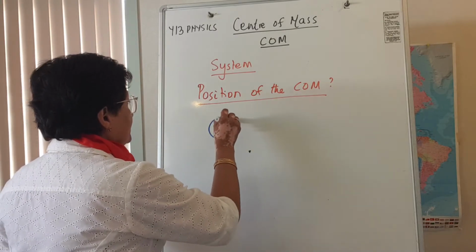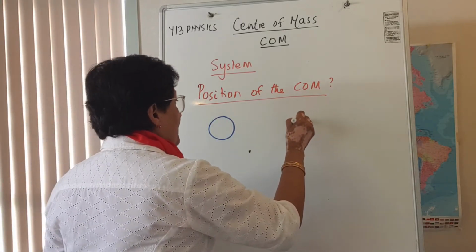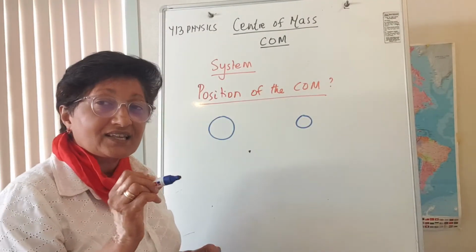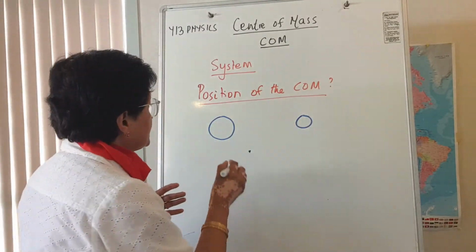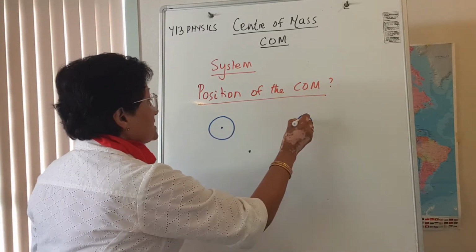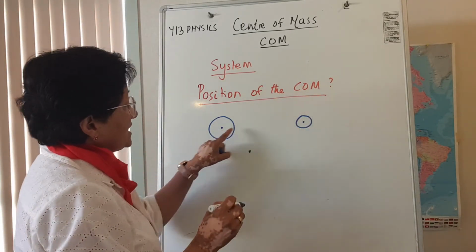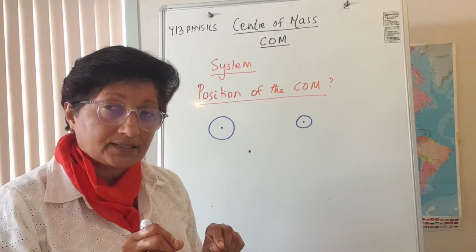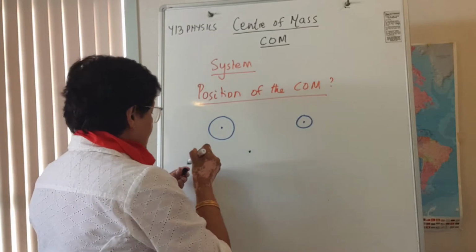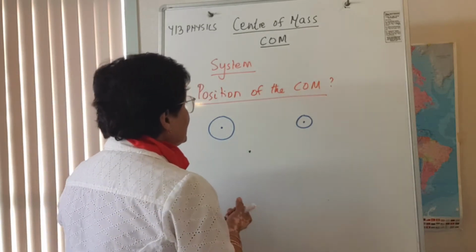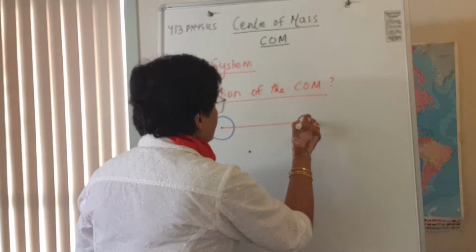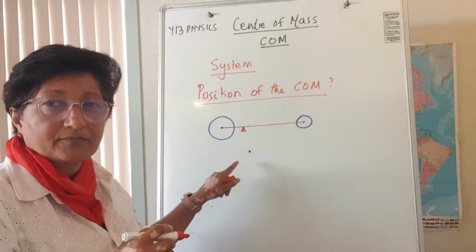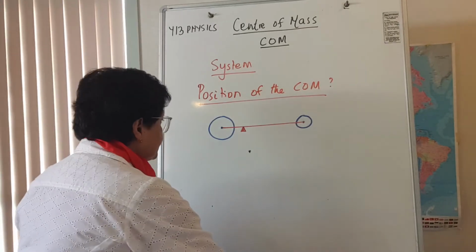There are two ways of calculating the position of the center of mass. If you have this object here and another object here, we calculate distances from the center of mass of the object itself. So assume this dot is the center of mass of each of these. We treat each of them as point masses. If there's an imaginary line joining the two of them, it would balance somewhere over here. So this triangle represents the center of mass.